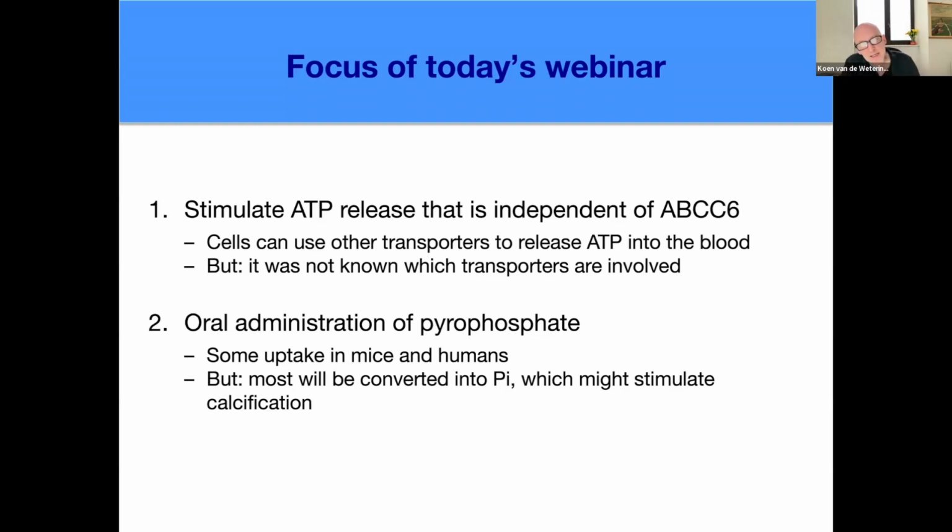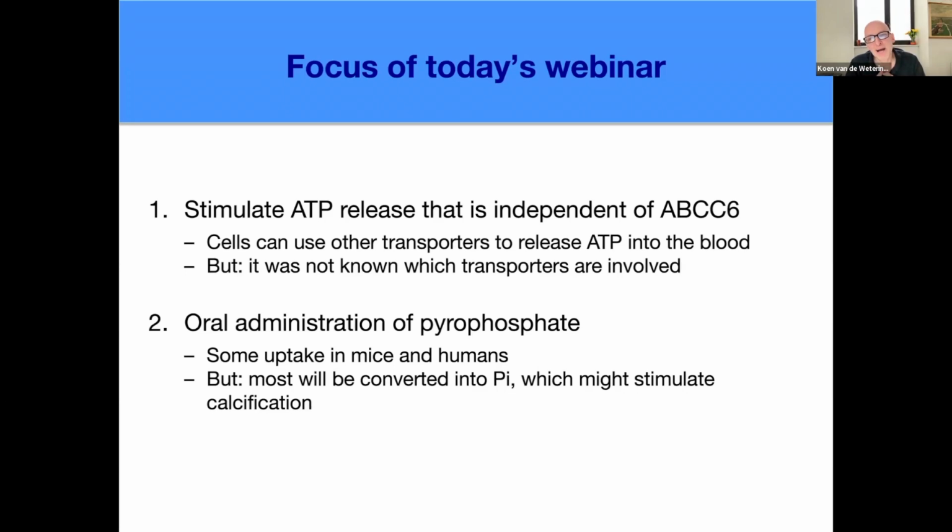Another way to treat PXE I will focus on is the oral administration of pyrophosphate. You will probably have heard several times people talking about, is it possible to give pyrophosphate as a pill? And it has been shown that there's some uptake in mice and humans, but as I showed you earlier in this webinar, that might be a double-edged sword.